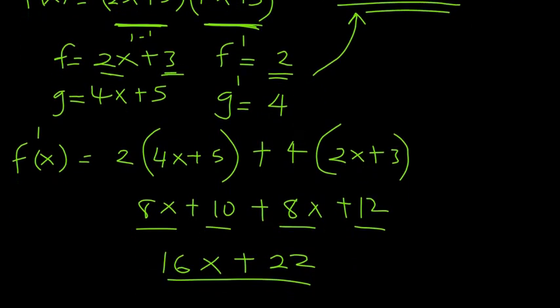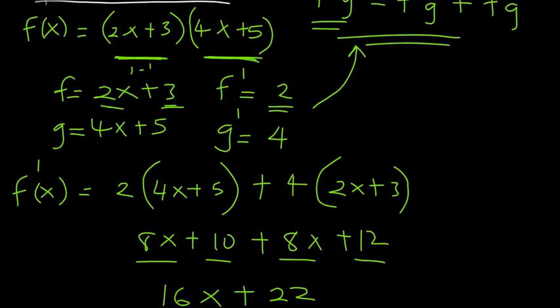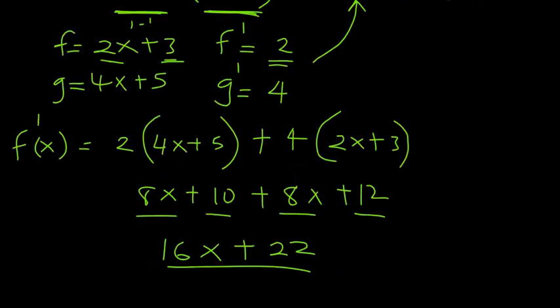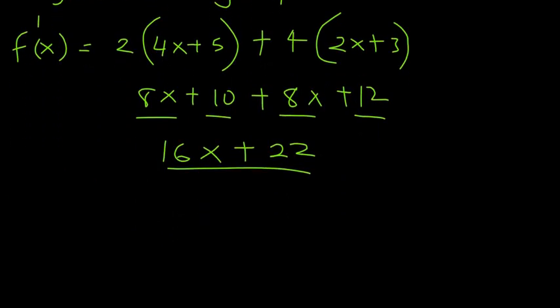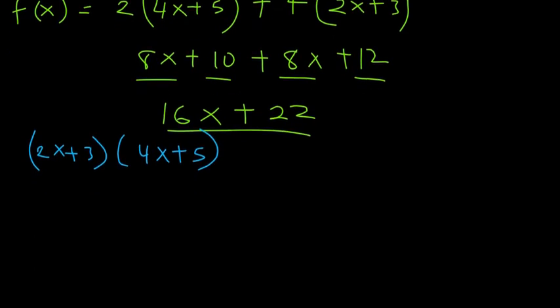Maybe I can use a different color. Let me use blue. So we have 2x plus 3 times 4x plus 5. You can first of all pause the video and try to work it out by yourself, and then confirm whether the answer is correct.